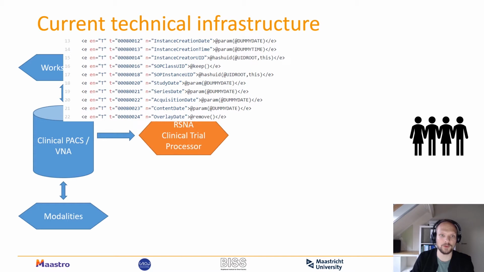For example, if we see the series date, so the date when that specific CT scan was made, we can replace it with a dummy date, or other values, remove it, add days to it or hours to some date or time, or hash values, for example hash the UID, or do any kind of modification which will result in the image being properly de-identified.